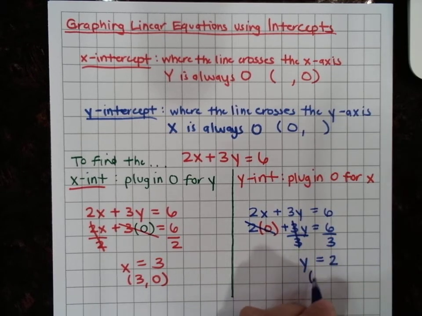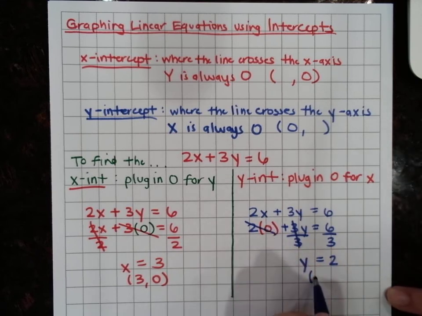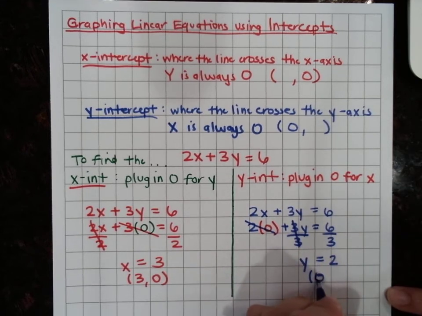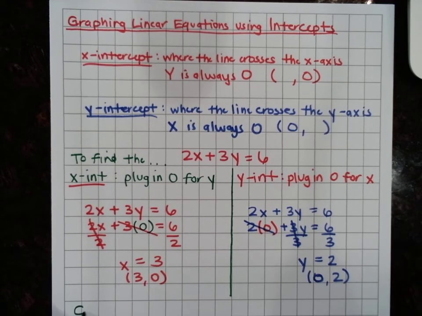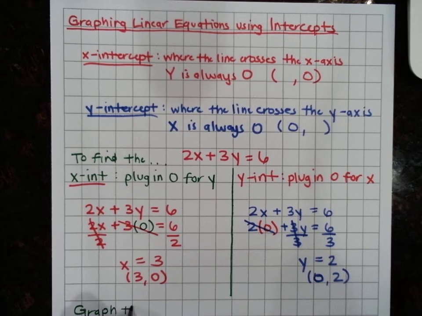And so we write our point. Remember, x was 0. So when we write our point, we write 0, and then our y value, which was 2. And so now we have 2 points that we can graph. So now we are going to graph the points.